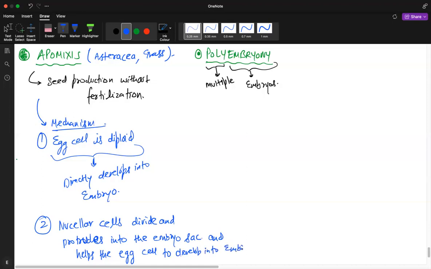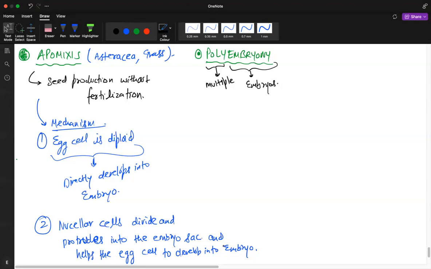So in this case, what's happening is the nucellar cell is giving a false signal, because this is exactly how the male nucleus also enters, right? By protruding inside the embryo sac. Is it clear? Yes or no? Yes, sir.